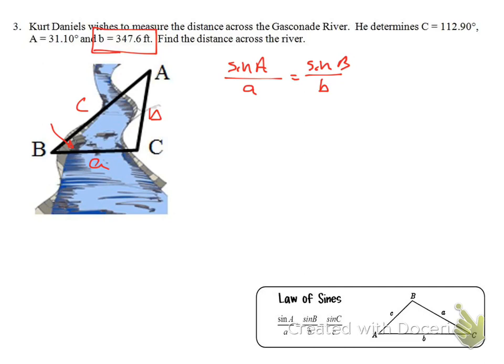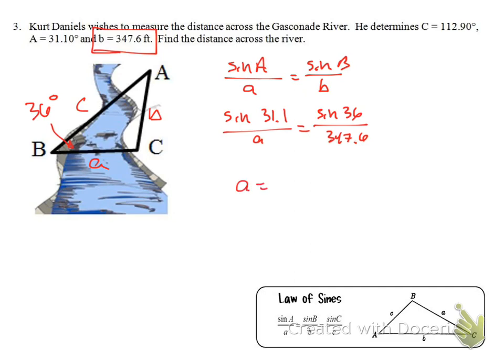So 102.9 plus 31.1, subtract that from 180 and you get 36. So this is 36 degrees. So now I can start to fill in my formula. So I can go sine of 31.1 over A, which is what we're trying to find, and then the sine of 36 degrees over the length of B, which is 347.6 feet.